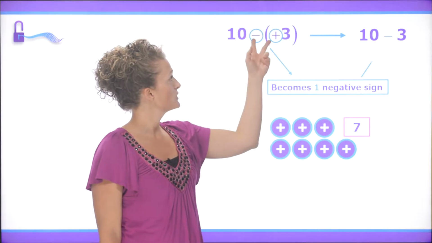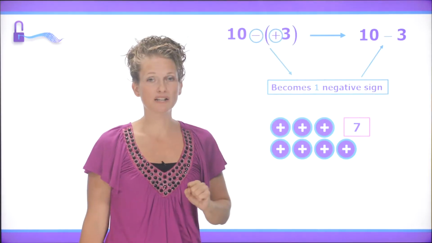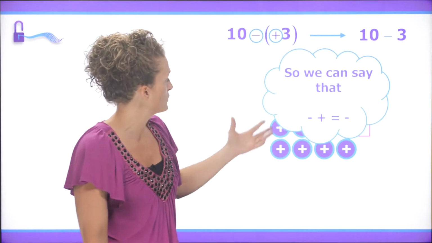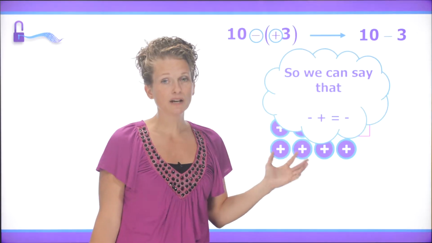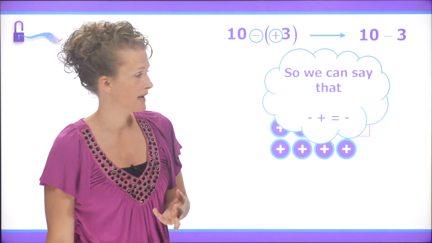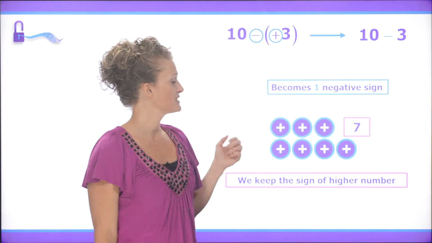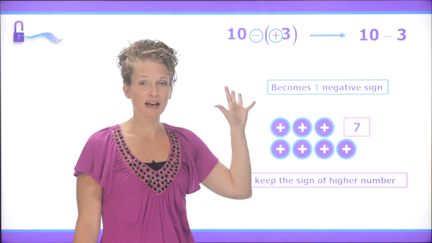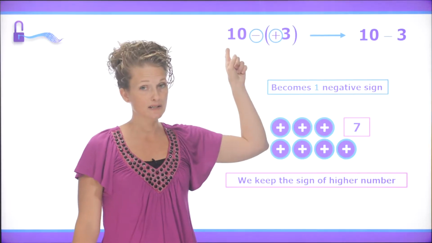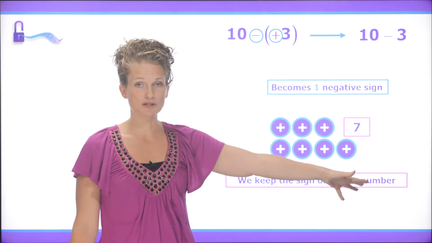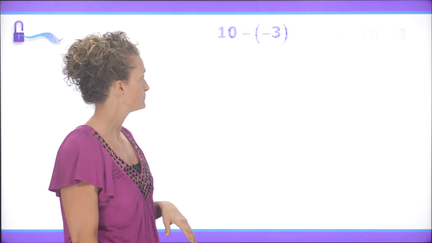These two signs become one negative sign. So when we have a negative and a positive, that equals a negative. And again, we keep the sign of the higher number. 10 is greater than 3, and in this instance, it's positive, so our answer will also be positive.